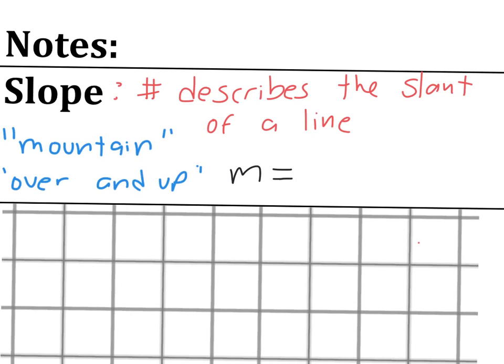All right, so now many of you have already described it as such. Rise over run is one way to say it. Another way to say it is you take your y2 minus y1 over x2 minus x1.